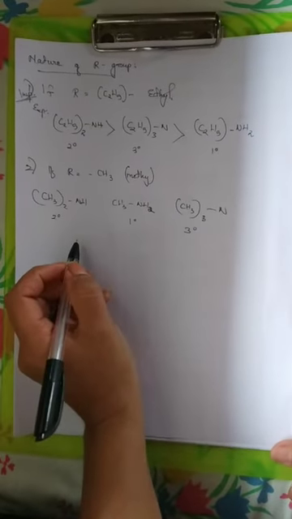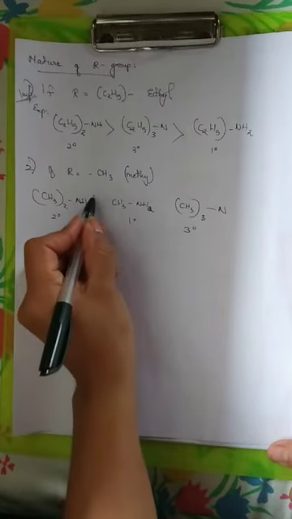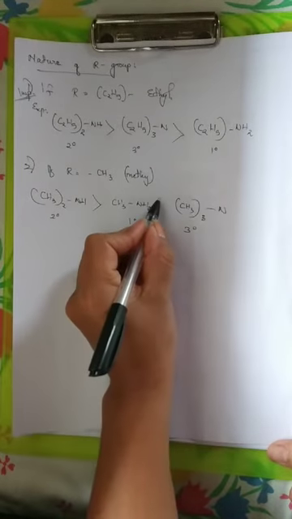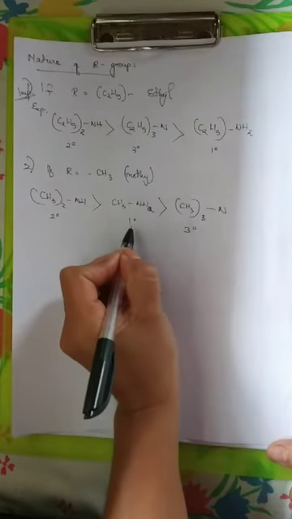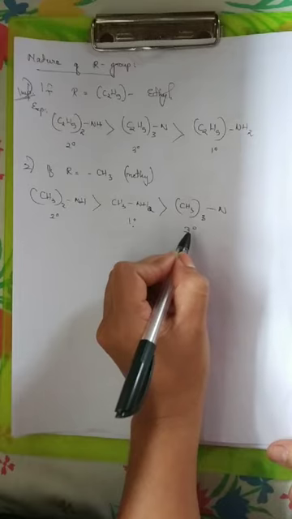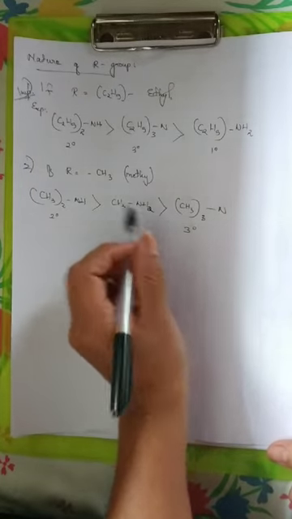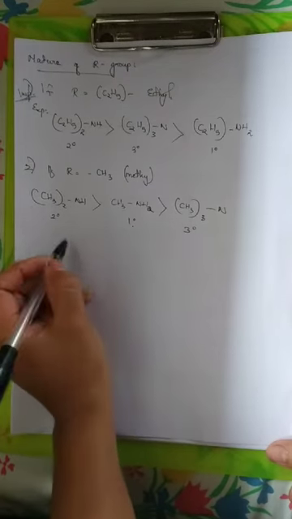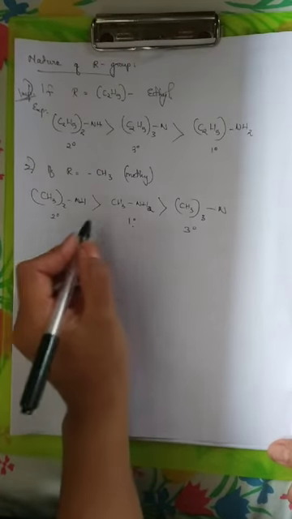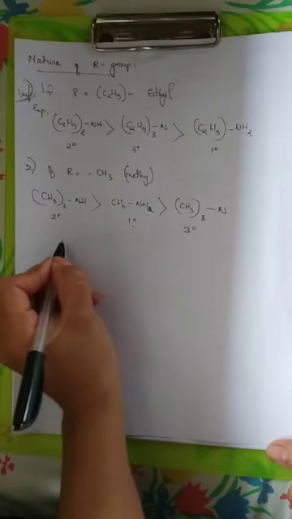Experimentally, it is found that here also the secondary amine is more basic, but here the primary amine is in the second order, and the tertiary amine is the least basic under the condition that R is a methyl group.